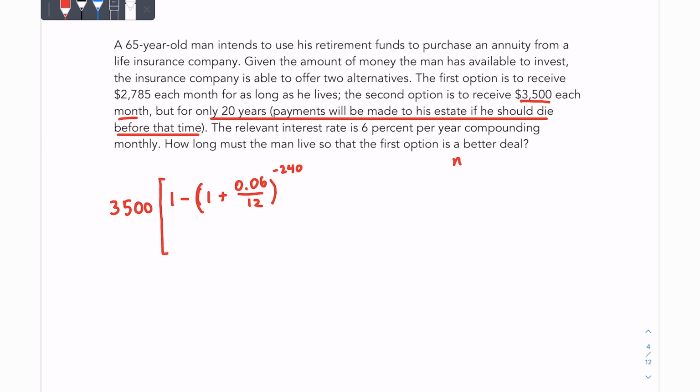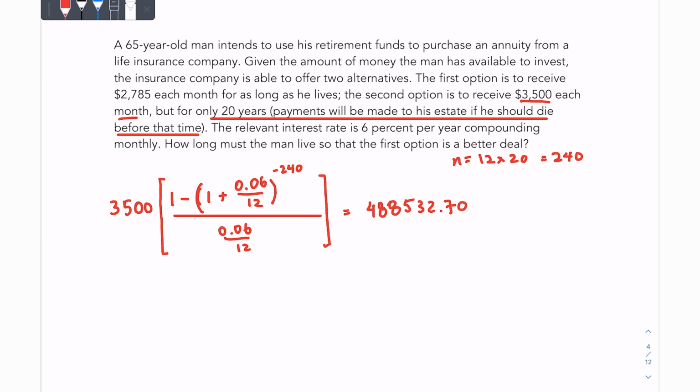That is 12 payments per year for 20 years. All that divided by the rate, which is again 0.06 divided by 12. And you should get $488,532.70. So that is the present value of the second option.